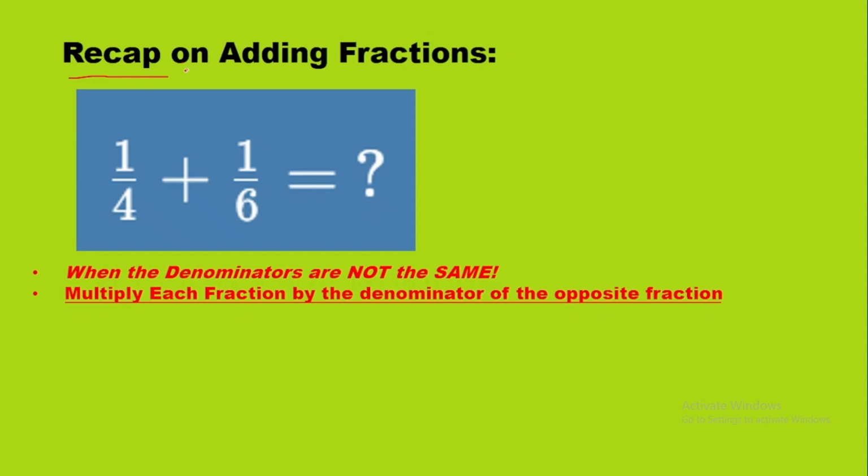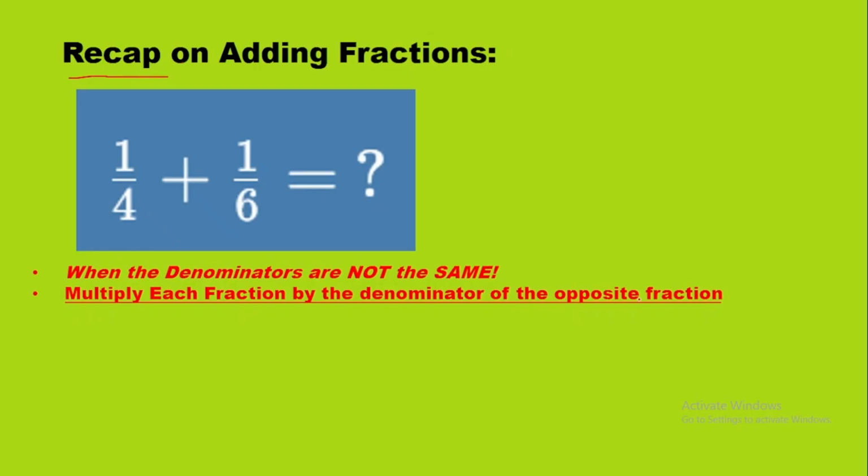So we have 1/4 plus 1/6, and we're adding these two fractions. When the denominators are not the same, I'm going to repeat, when the denominators are not the same, we multiply each fraction by the denominator of the opposite fraction.